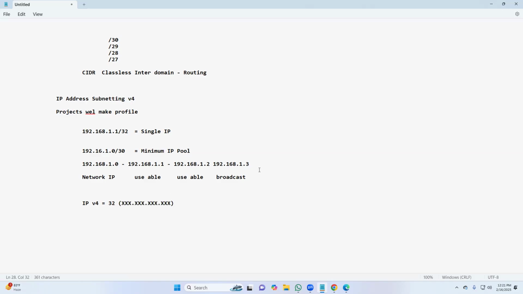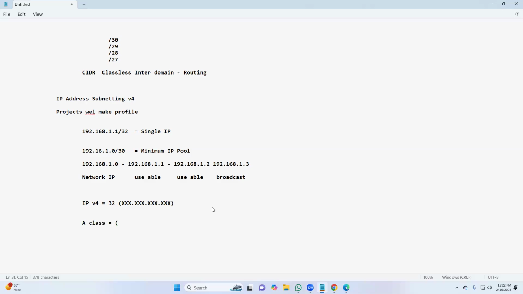And if your A class starts like this, this is basically the A class. Just understand this one. This logic is very important.